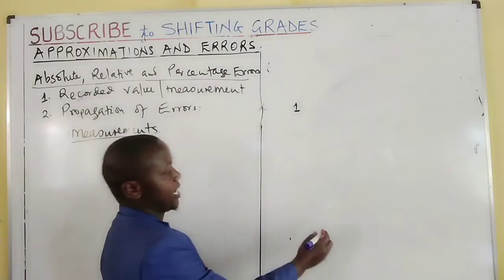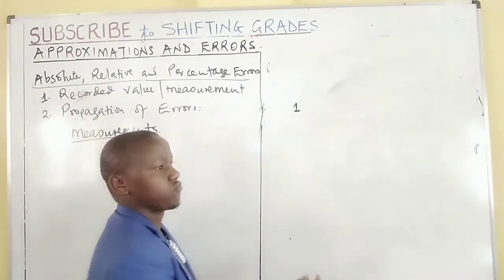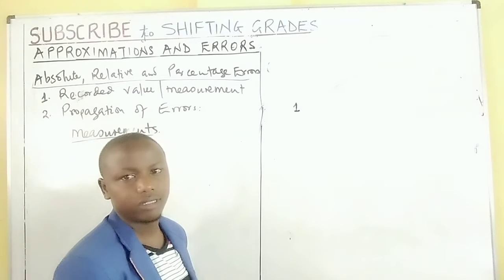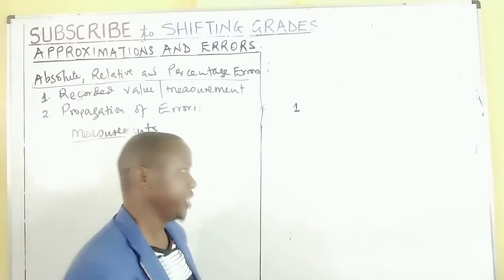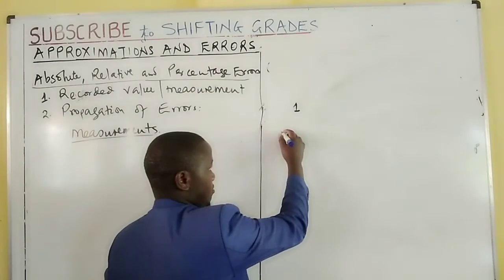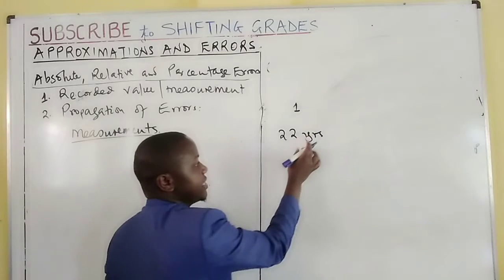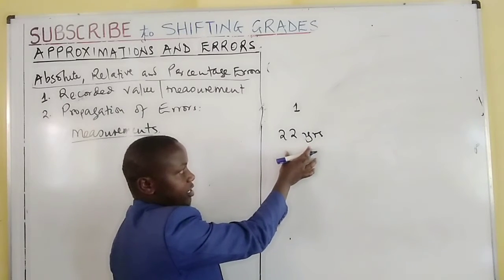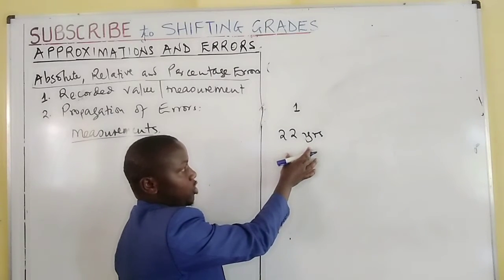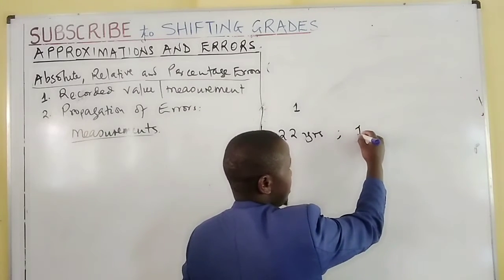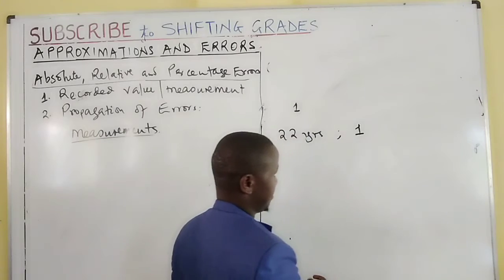So when I tell you that the age of Jane is 22 years, this has been recorded to the nearest whole number, and therefore the accuracy is 1 in this case.